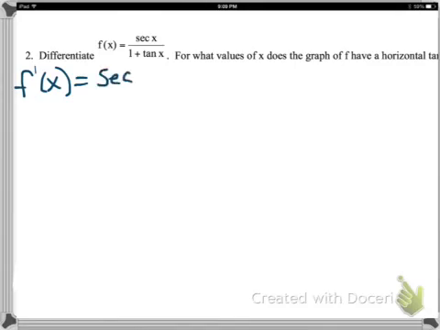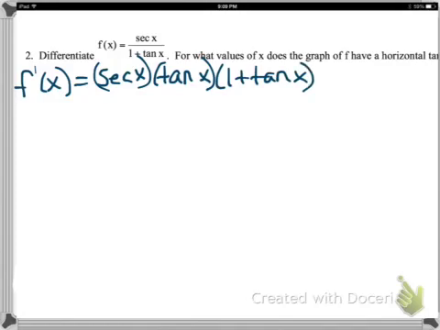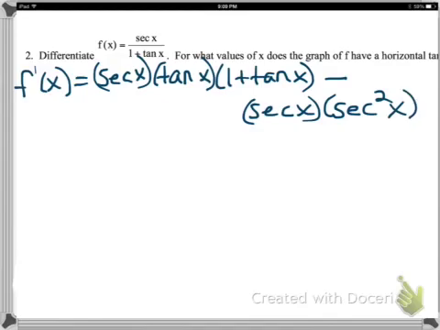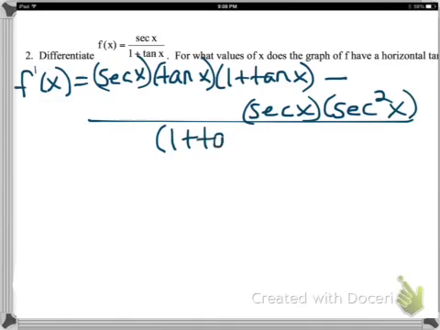So that's the derivative of my numerator, secant tangent, times the denominator, 1 plus tangent, minus secant, the numerator, times the derivative of the denominator. Derivative of tangent is secant squared, all over the denominator, 1 plus tangent, the whole thing squared.